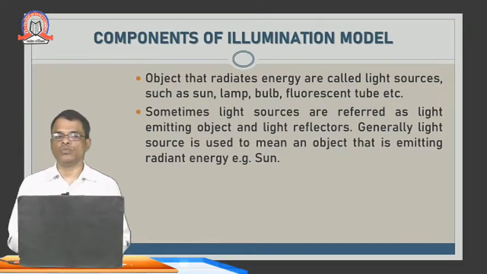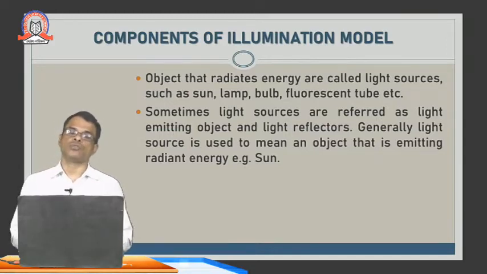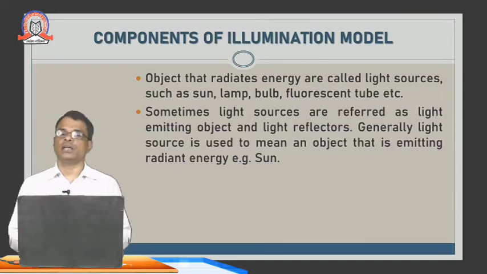We will continue with the components. Objects that radiate energy are called light sources, such as sun, lamp, bulb, fluorescent tube, etc. Whatever tube lights we are using at home are called fluorescent tubes. There are many light sources.